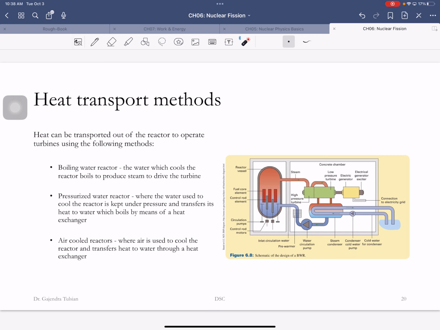All right, so again, here's fuel core. You're producing heat by splitting nuclei. Here's water. Here's a boiling water reactor and pressurized water reactor. Out of the 450 nuclear reactors, 300 are pressurized water reactors.